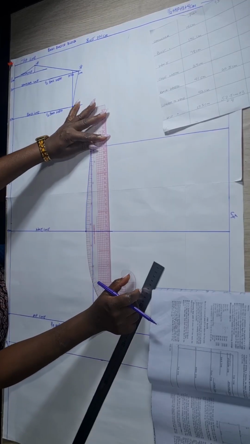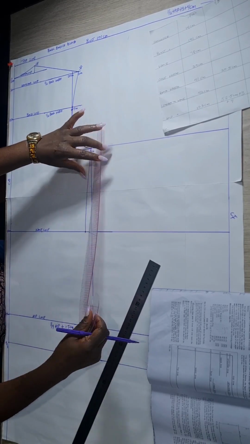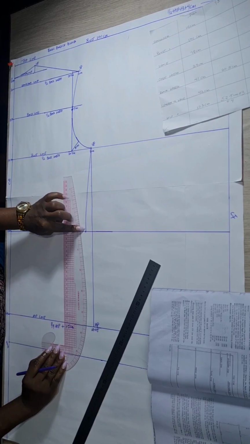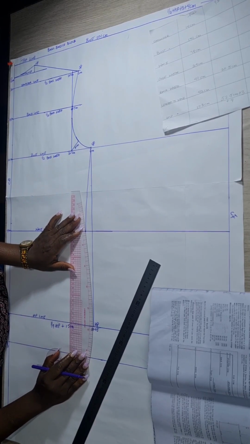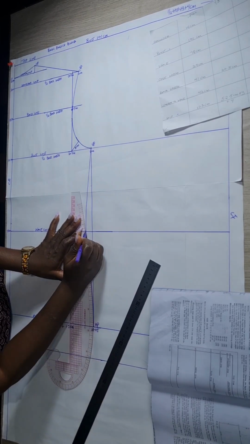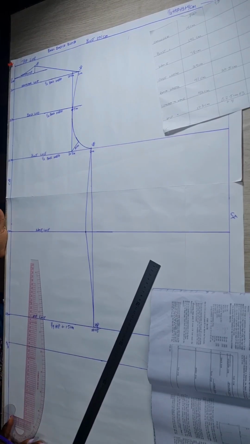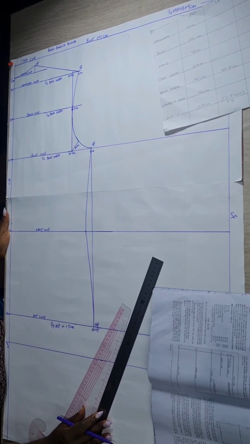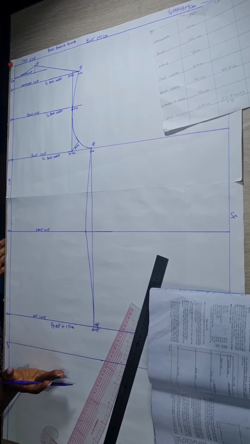I used it like this for the waist, from the UP to WP. Then, for the waist to hip, I flipped it the other way, this way, then align it. Now, this is the back of my pattern.